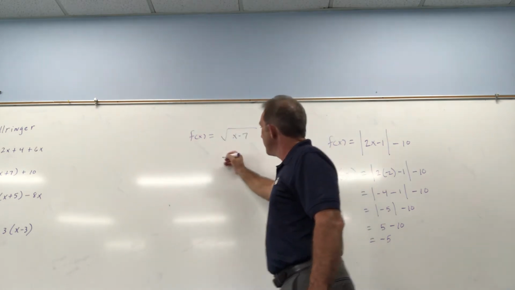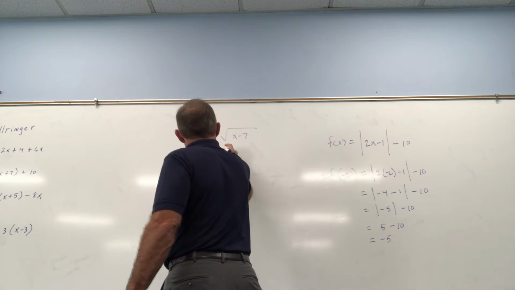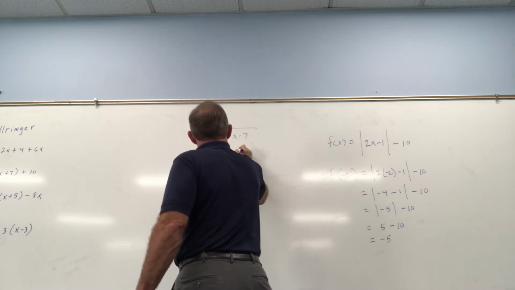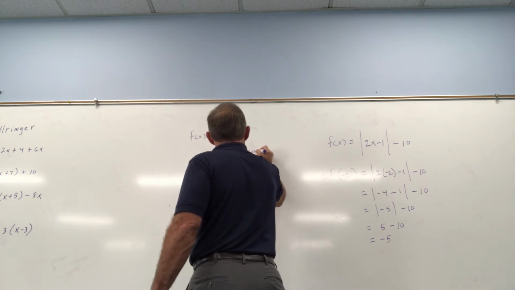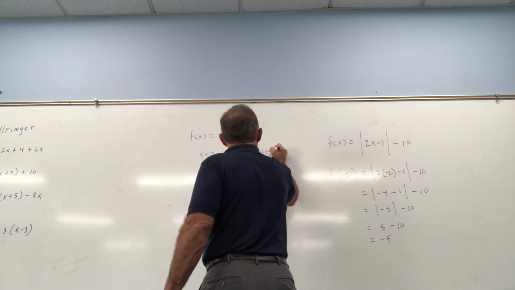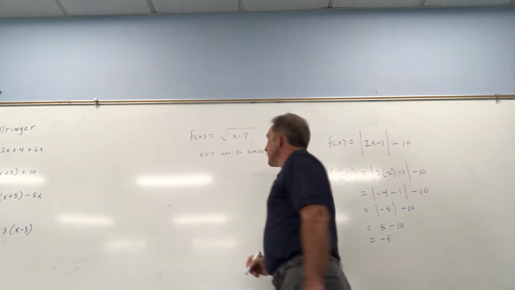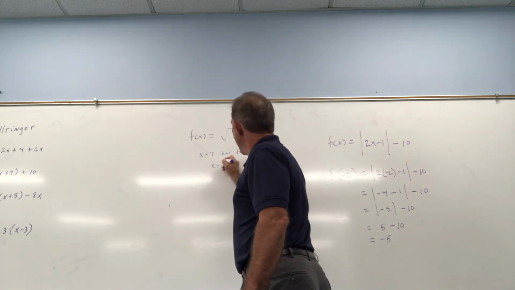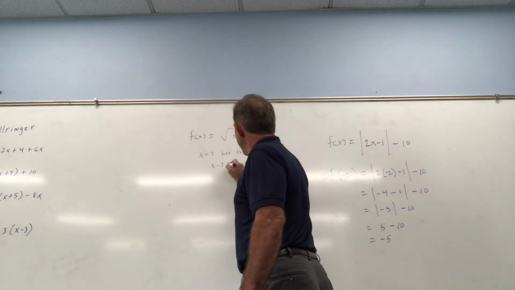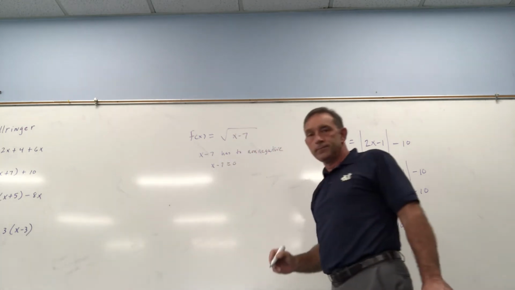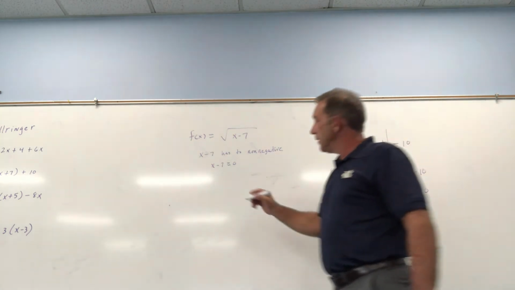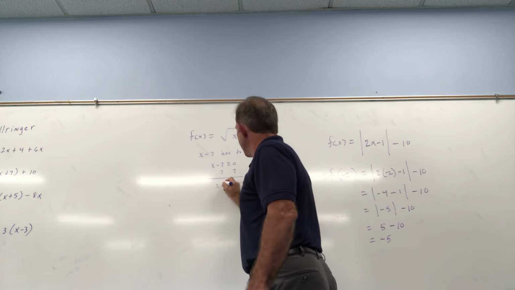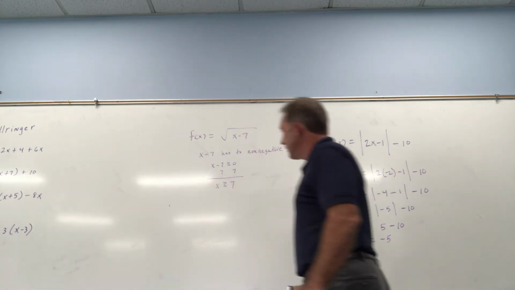So in other words, x minus 7 has got to be non-negative. Well, one way you can say that is x minus 7 has got to be greater than or equal to 0. So we can solve this by adding 7 to both sides, and you find that x has to be greater than or equal to 7.